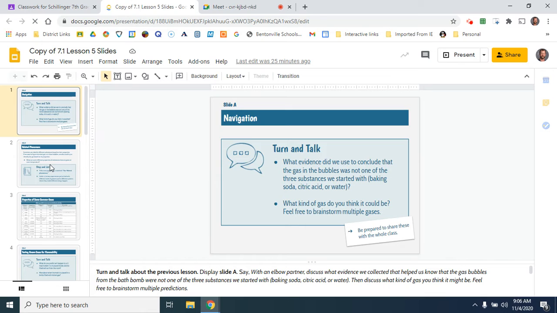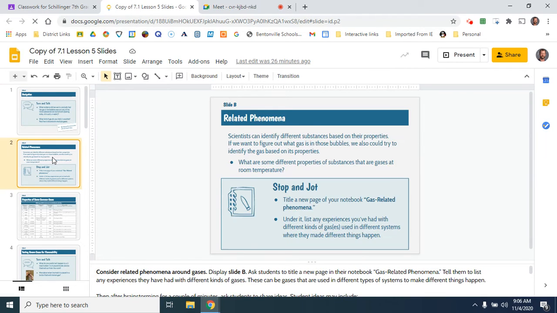So if you look at slide number 2, it says scientists can identify different substances based on their properties. If we want to figure out what the gas in those bubbles was, we could also try to identify the gas based on their properties.